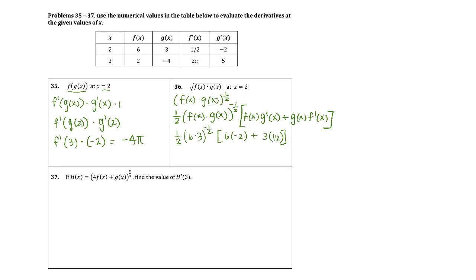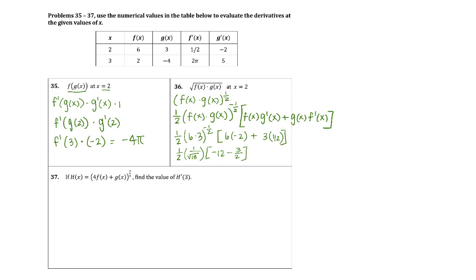Anyway, if we just had to, could not stop ourselves from simplifying here, we're going to have 1/2 times 1 over the square root of 18 times negative 12 minus 3/2. And I really would not do much more to it than that. So let's just leave it like it is.